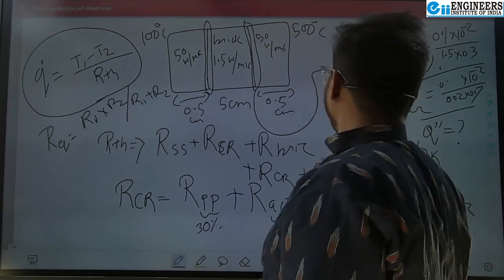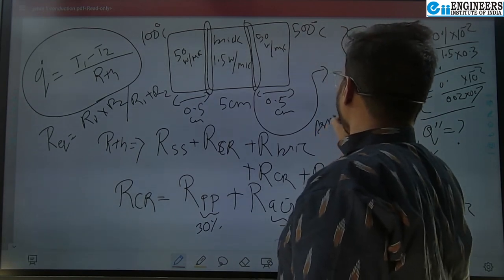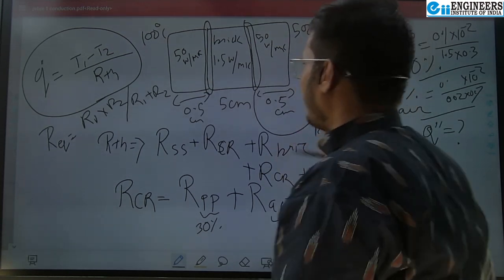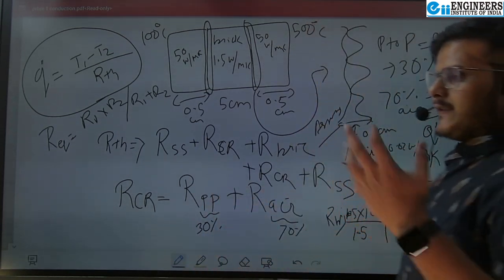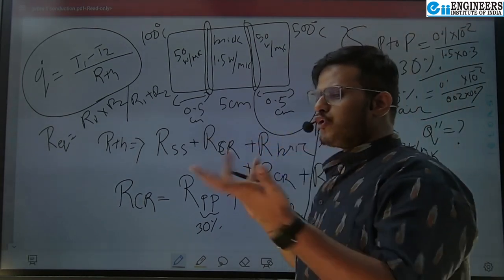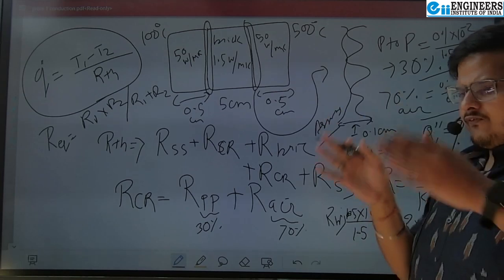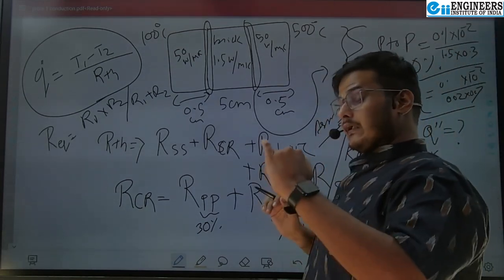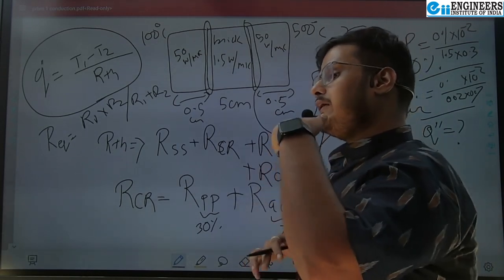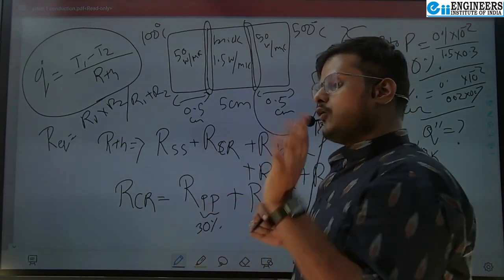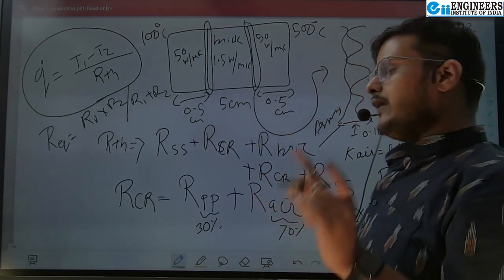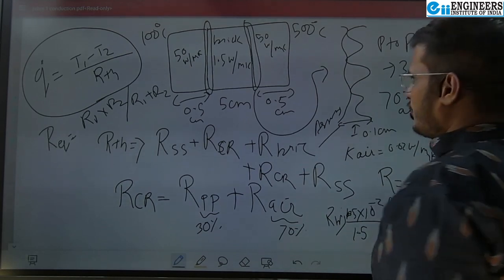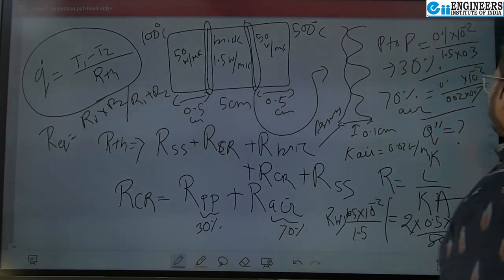Most portions of the brick are basically porous, so more surface roughness will be observed in the brick itself. So considering the thermal conductivity of brick to estimate the contact resistance of solid to solid, we estimated this. We can write it over here. So this is the way to solve this problem.